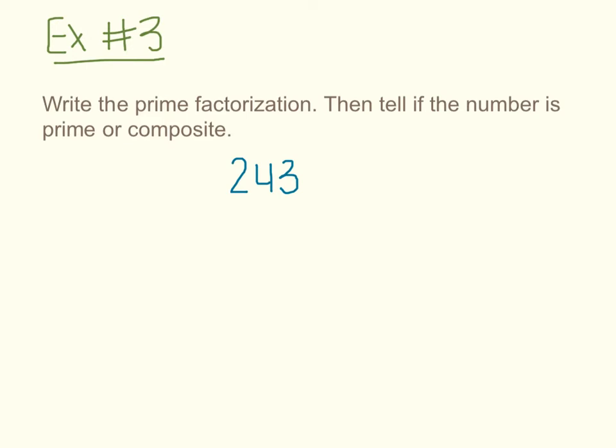Example number 3, 243. So I know by going back to those divisibility rules that 243 is divisible by 3. Because the sum of my digits is divisible by 3. So 2 plus 4 plus 3 equals 9.